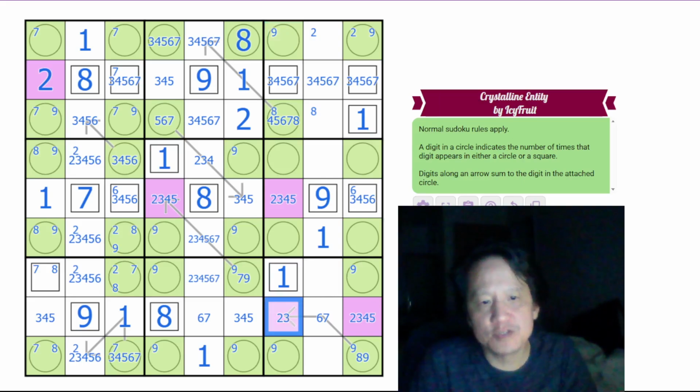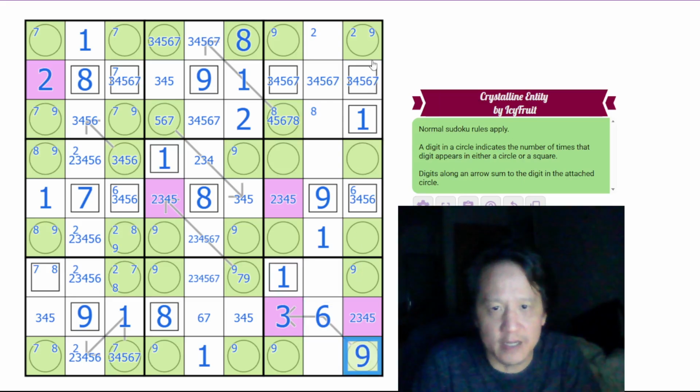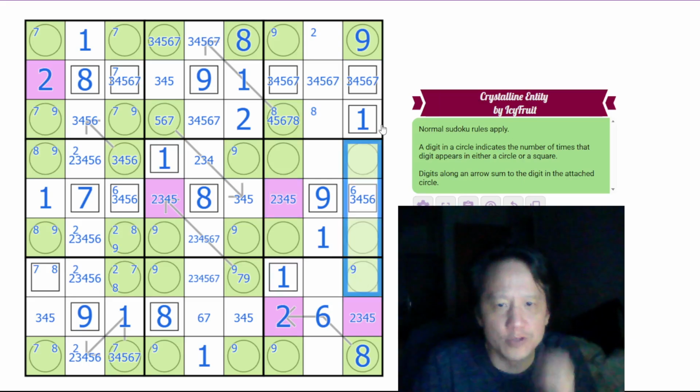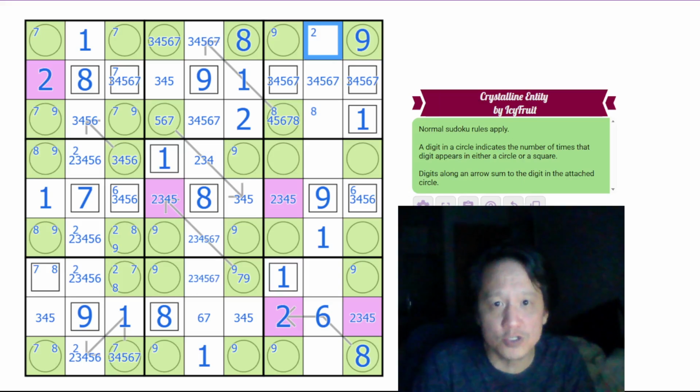Okay, if this was 3, that means this is guaranteed to be 6. This is 9, so this can't be 9. Okay, well, actually, what happens if this is 9? If this is 9, that makes this 8, which makes this 6 and 2. This can't be 2 here. Therefore, there's a 2 in one of these two cells here. So this is 2.